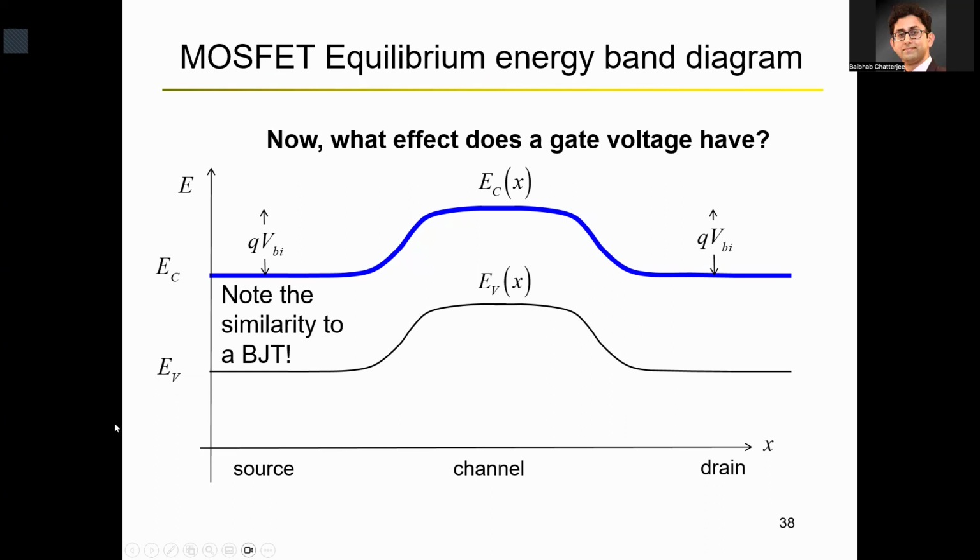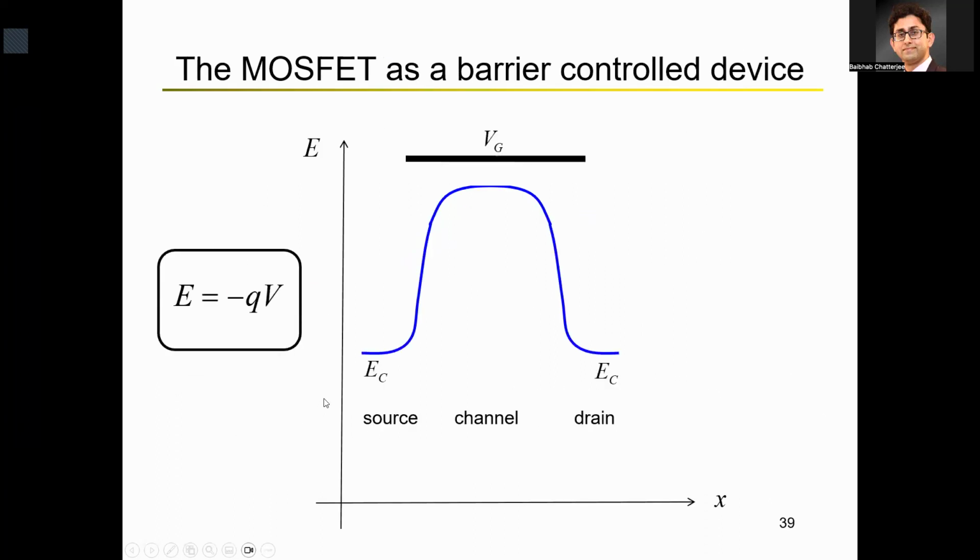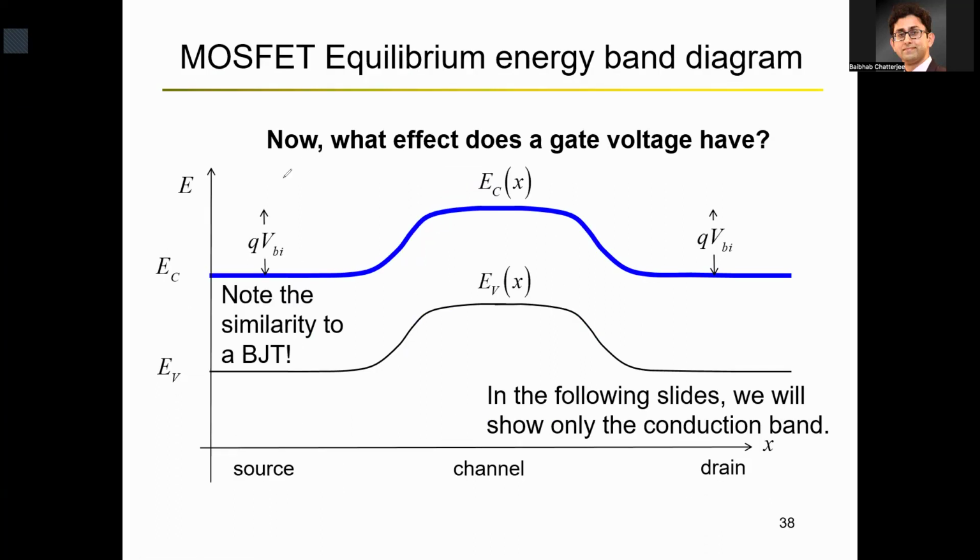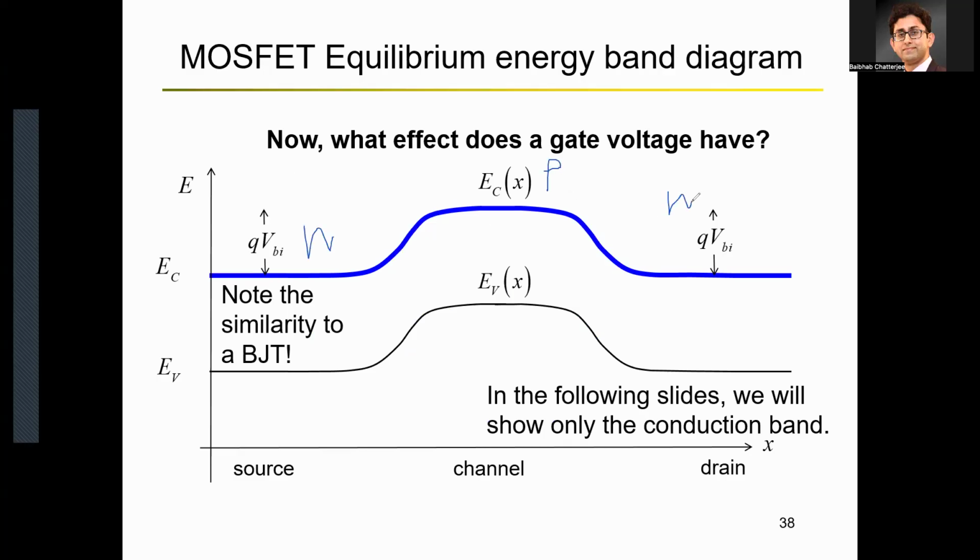So how does it look? Because this is NPN, and you already know that for an N-type semiconductor, the energies will be lower. For a P-type semiconductor, the energies will be higher. Why is that? Because in an N-type semiconductor, more number of electrons means less amount of energy. Same thing that we discussed throughout the class.